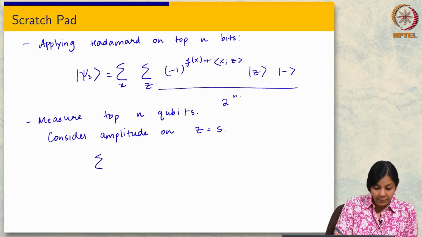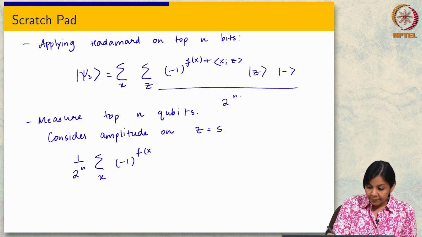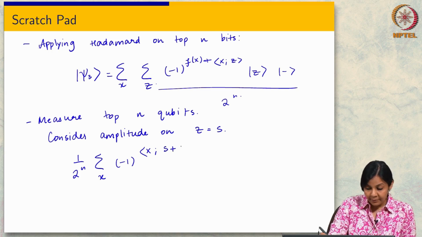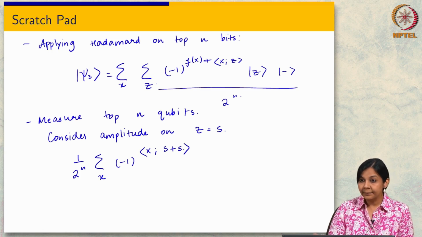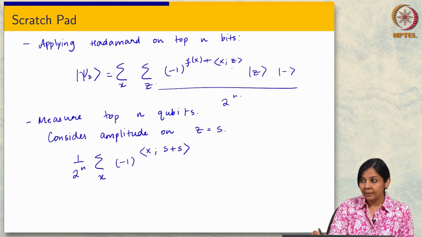So you get summation over x, minus 1 to the, wait, let us simplify this, minus 1 to the x inner product s plus x inner product s. Do you agree? So f of x is nothing but x inner product s, right, and you are considering the point s, z is equal to s. So this is what you get, correct?